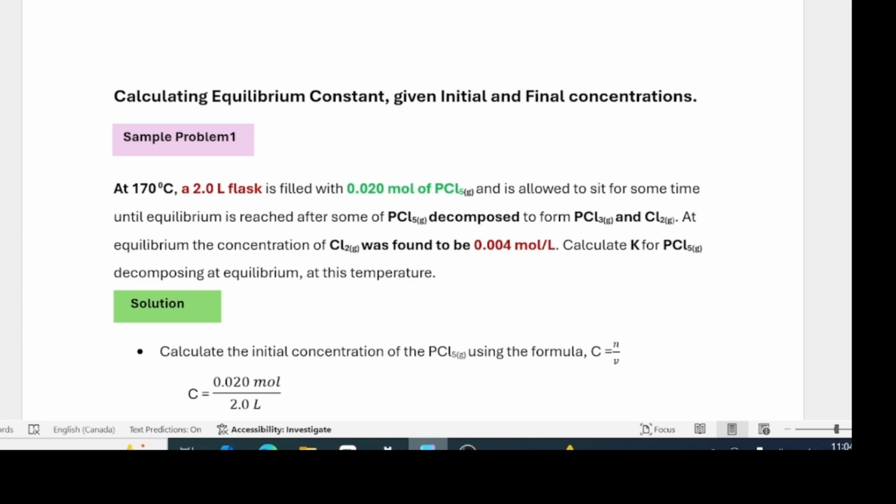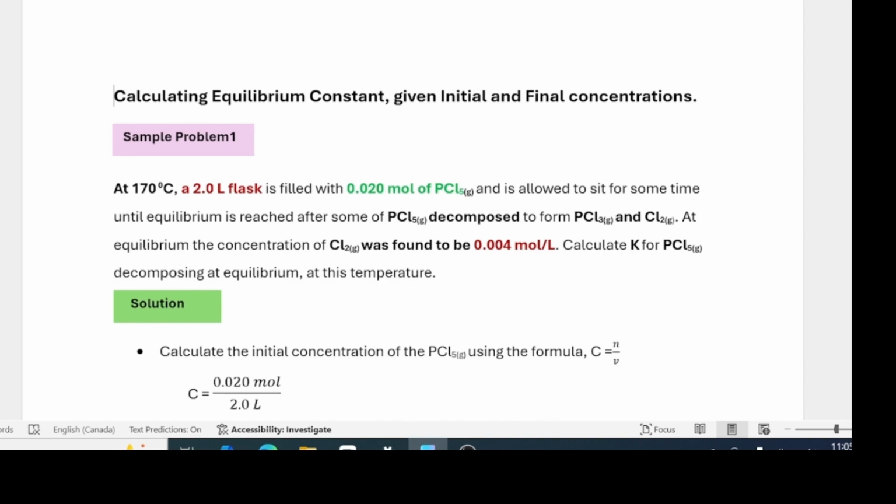By solving this first sample problem, it will set the basis for us to understand how to calculate the equilibrium constant for some species at equilibrium. In this problem, we are having 0.02 mole of gaseous phosphorus pentachloride in a 2-liter flask at 170 degrees Celsius, and it is allowed to sit until equilibrium is established.